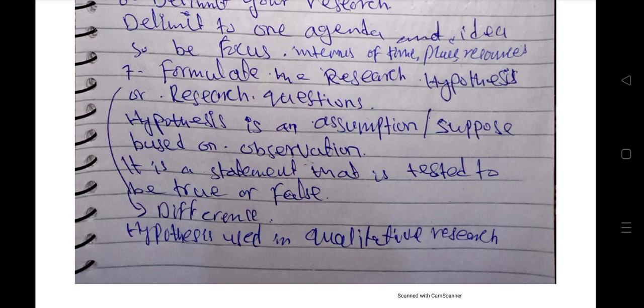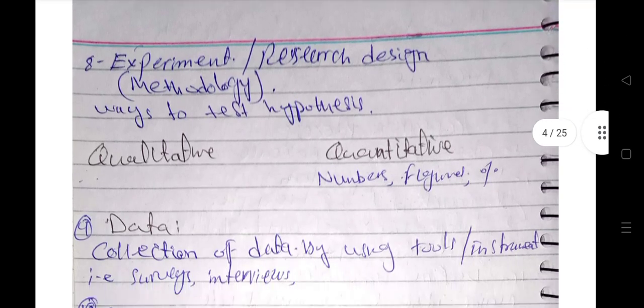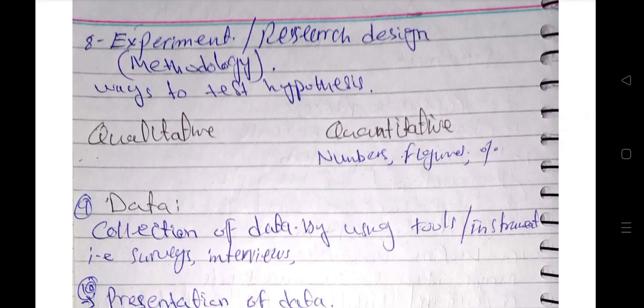So it is based on your research whether you use a hypothesis or research question. And what is a hypothesis? A hypothesis is an assumption, right? Or it is a supposition which is based on your observation, or it is a statement that is tested to be true or false. We will discuss this in detail as well. And the eighth step is your research design, right?